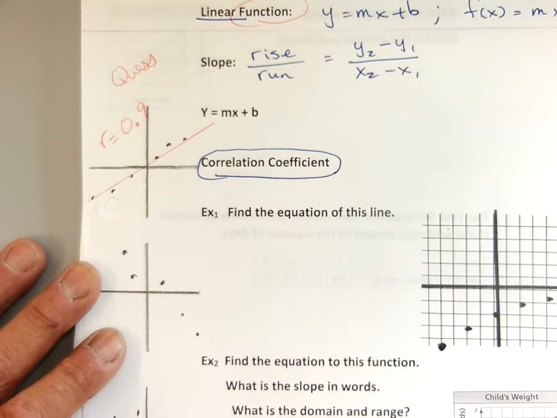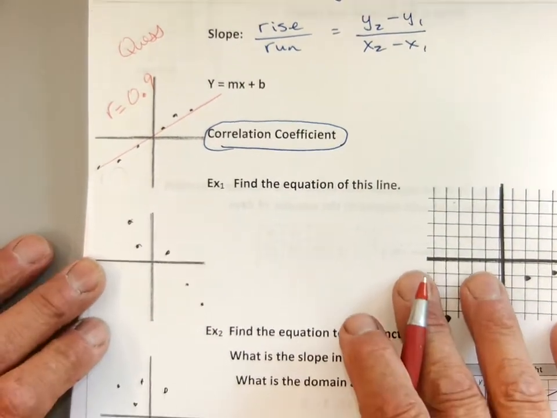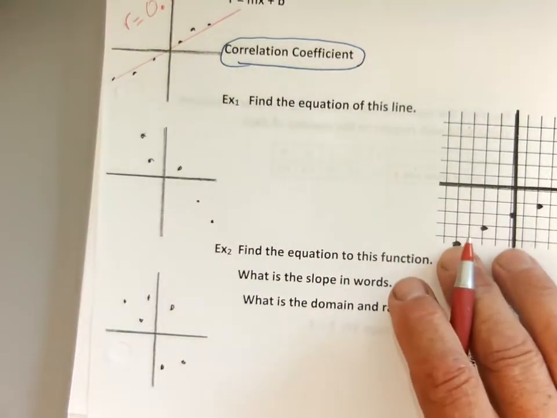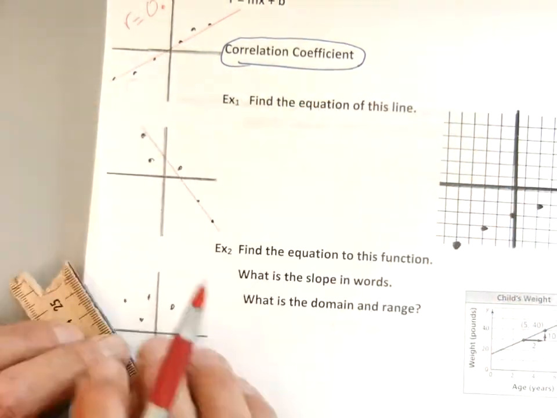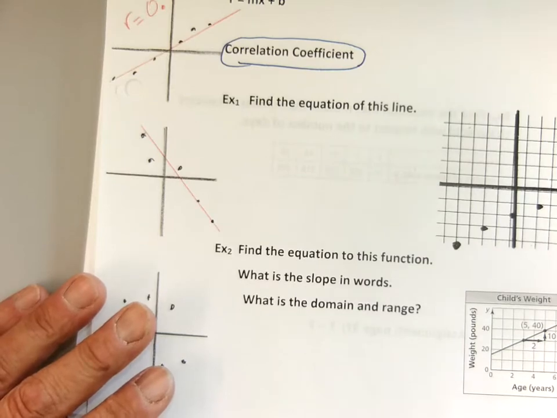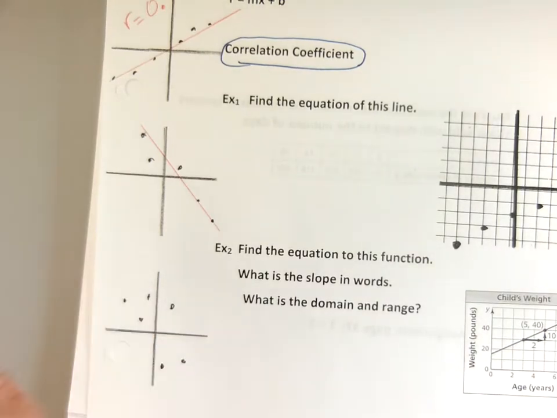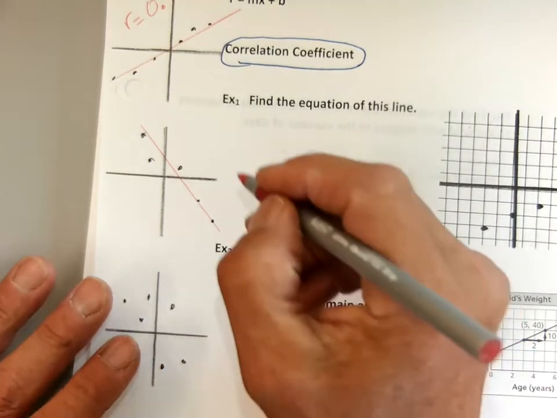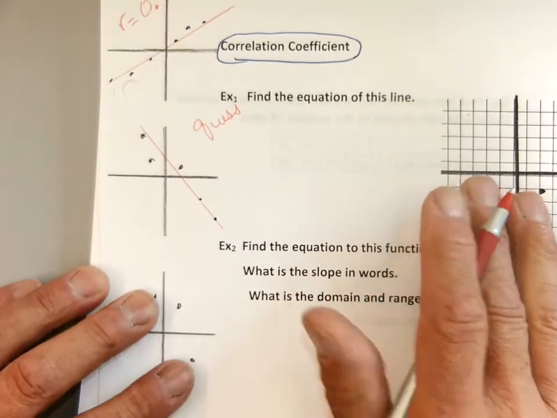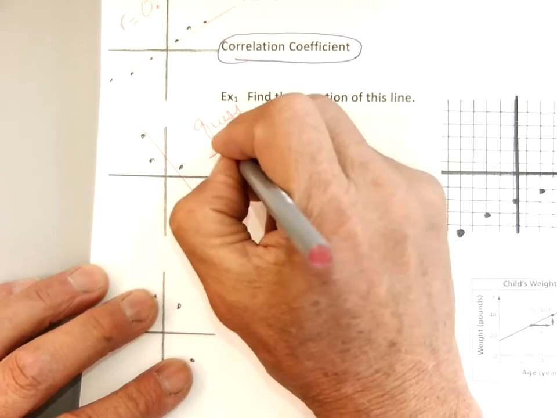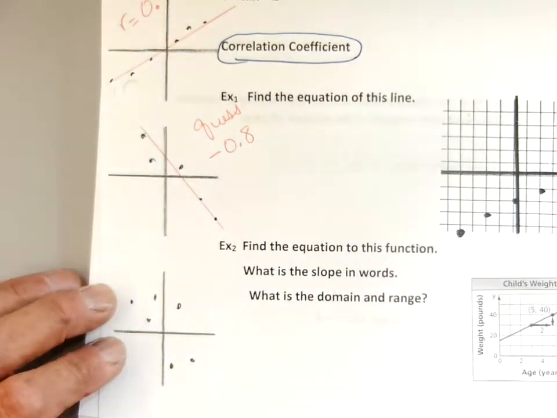If I looked at this one, it's definitely negative because it's going downhill. Maybe 0.8, it's not quite as tight as the others. I could be wrong, but I'll let a calculator tell me on Tuesday. I'm going to guess a negative 0.8.